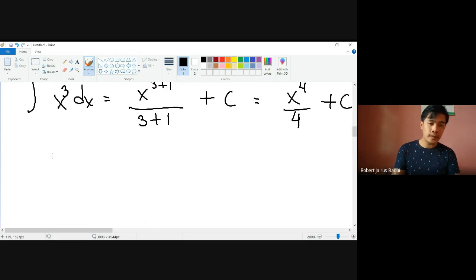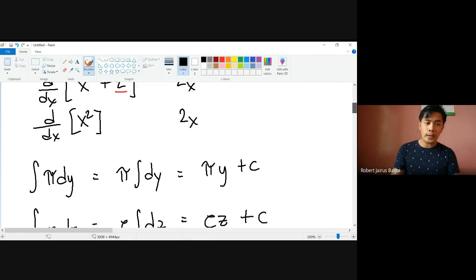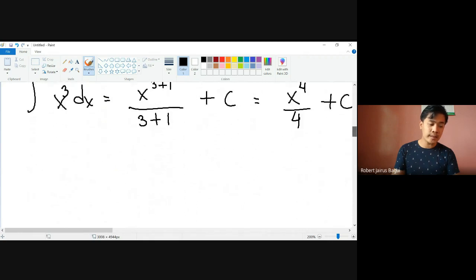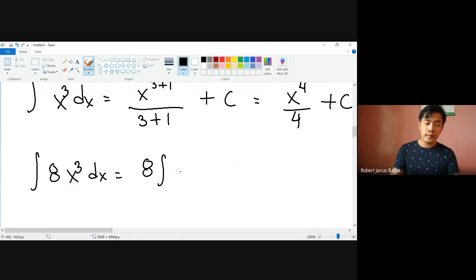So another example. Earlier, it was purely a constant beside the dx, and in the first two it was only variables. What if there is a constant with a variable beside it, let's say 8 x cubed dx. Earlier, when we had a constant, we took it outside of the integral sign. Same here, it comes out first. Then rewrite x cubed dx.